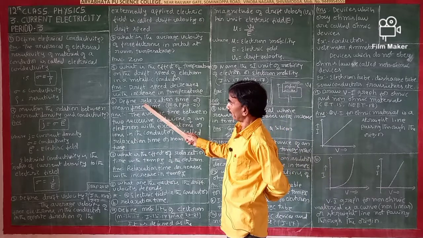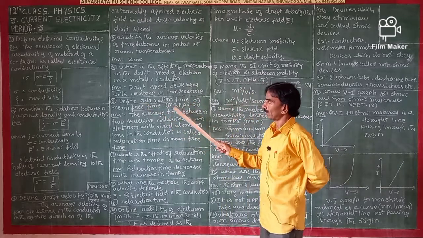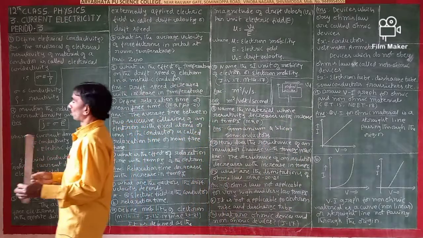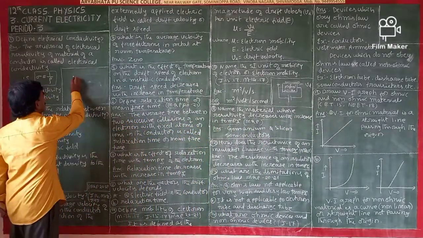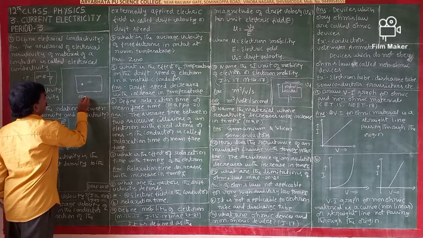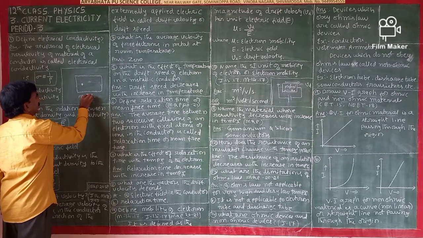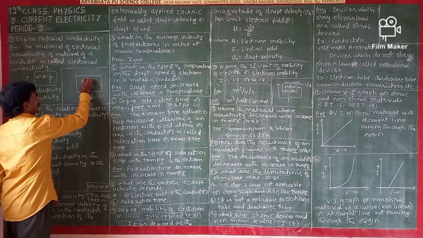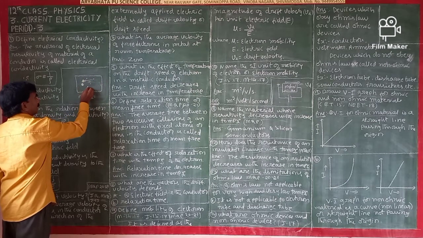Next, define relaxation time or mean free time. So what is meant by relaxation time? This is a metal, you see. The atoms are big in size and the electrons are small in size. Electrons collide with the atoms or with other electrons.